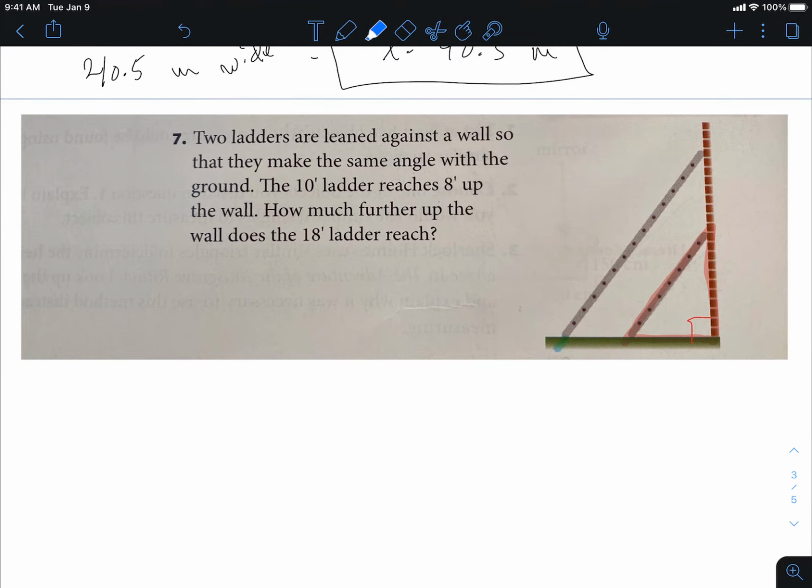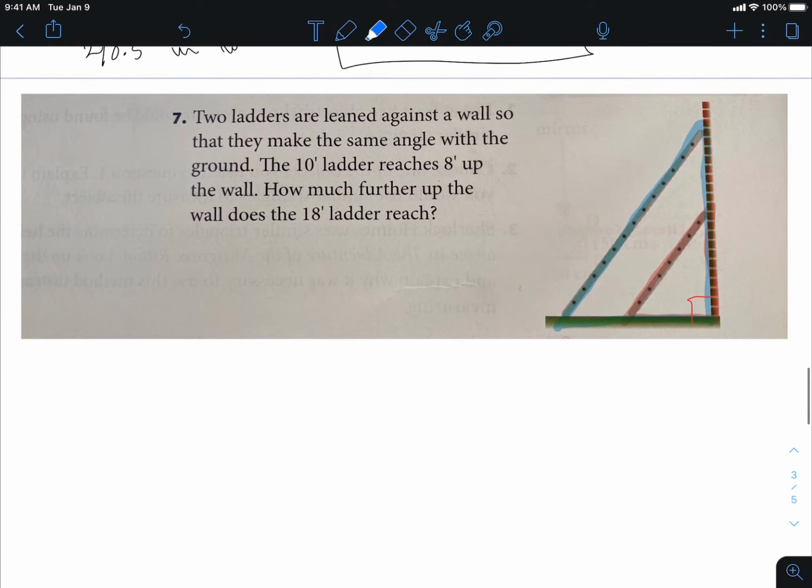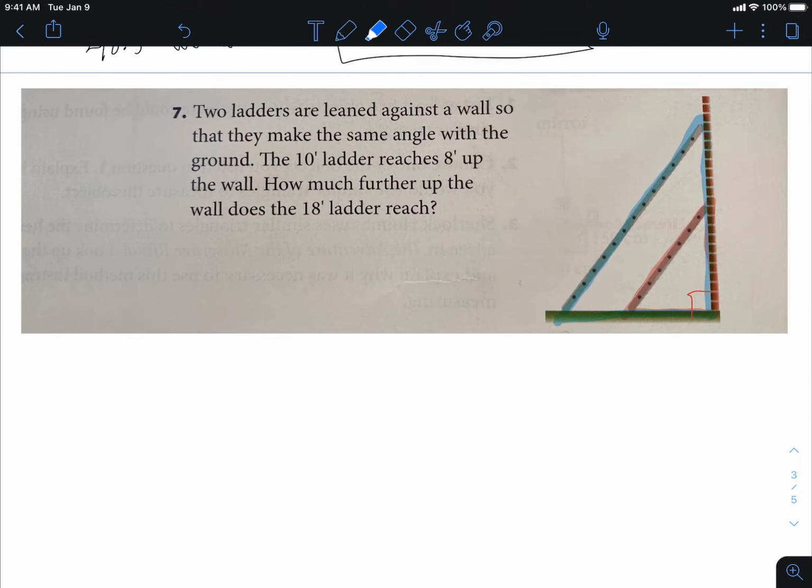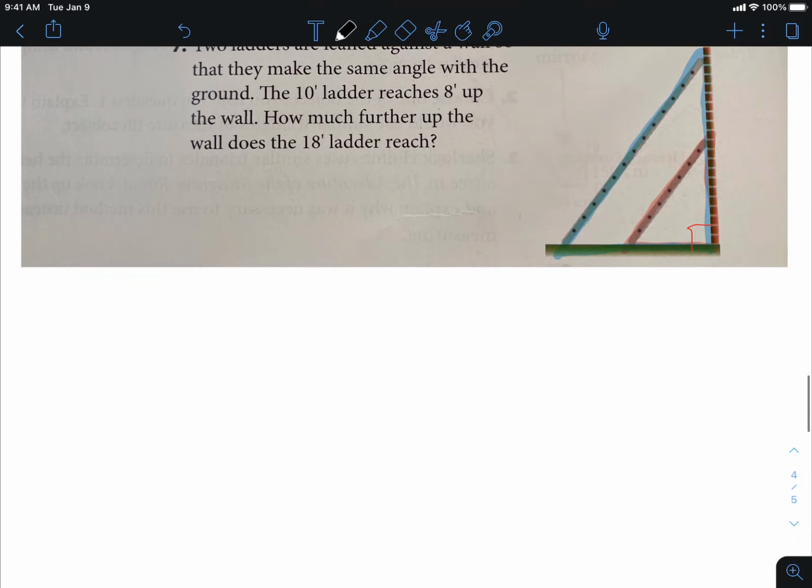So you've got two triangles. I'm just going to draw these two triangles that are created down here. It's going to be a small one, and we're going to have a bigger one over here.